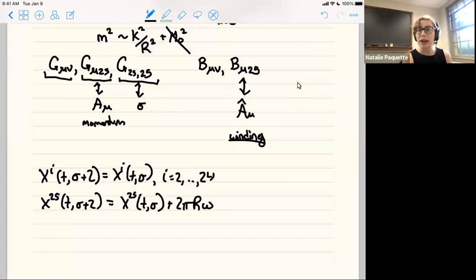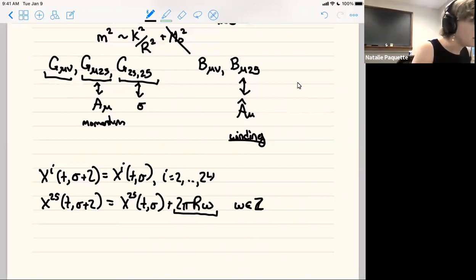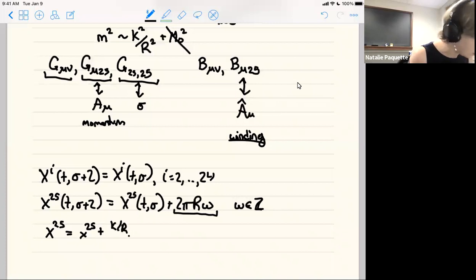We can allow that it comes back to itself up to this additional term, where W is an integer called the winding number, and it's keeping track literally of how many times the string is winding around the circle when you take sigma to sigma plus L. So the field theoretic KK analysis that we just did comes from the W equals 0 sector of the theory, but there are all of these other sectors for any integer value of W. And the mode expansion of X25 alone is different from what we previously saw.